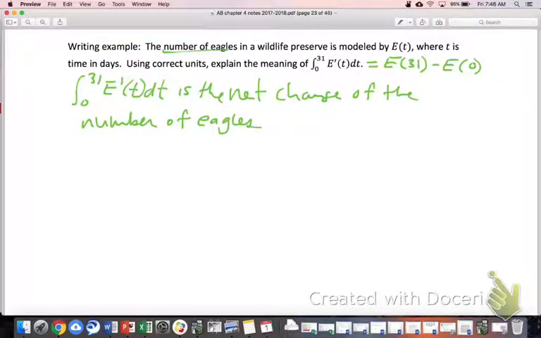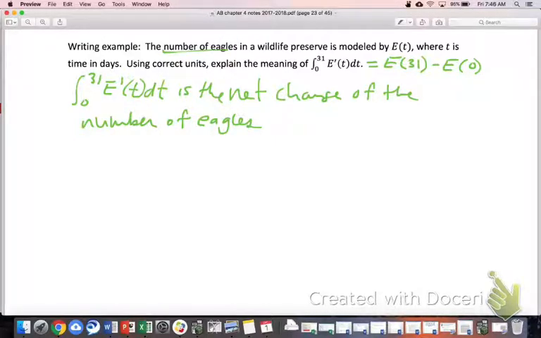Some other ways to word that, you could say it's by how many the eagles changed, or by how many the number of eagles changed, or how much the number of eagles changed, or the eagles changed by this much. However you want to phrase that, but you basically have to express that it's related to the number of eagles and how much that number has changed. So it's the net change of the number of eagles.